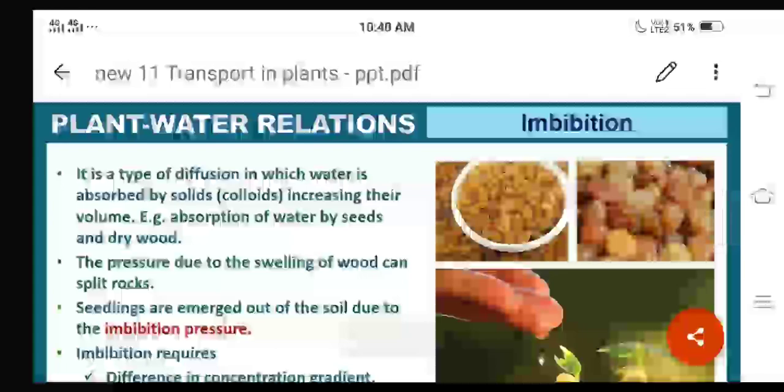And one more example: seedlings emerge out of the soil due to imbibition pressure. The seeds will germinate, and at this time the seedlings will emerge out of the soil. It is mainly due to the creation of imbibitional pressure only.